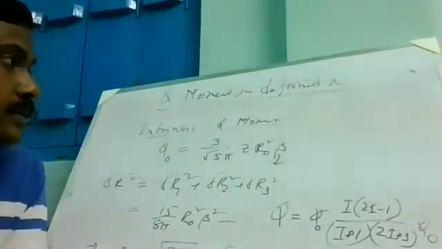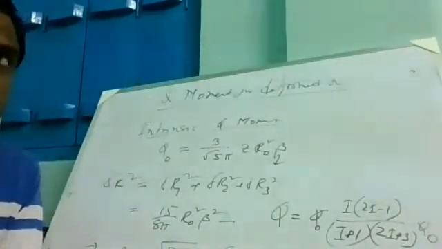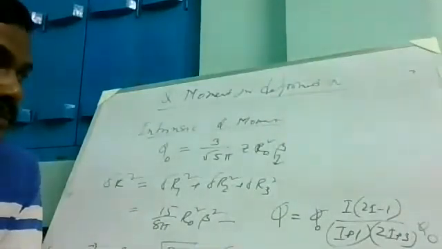Now you can calculate the quadrupole moment, say Q0. You can calculate the value of Q0 for a prolate spheroid this way. For a prolate spheroid, you can calculate the ellipsoid charge distribution and the quadrupole moment.